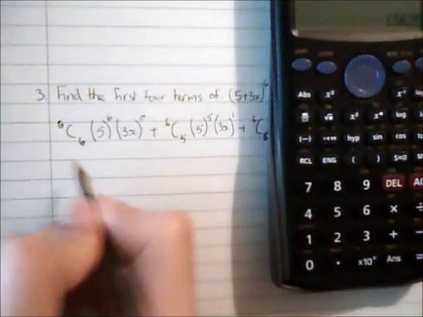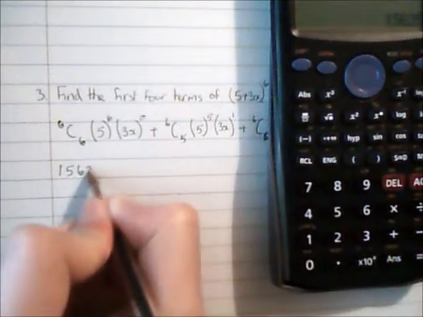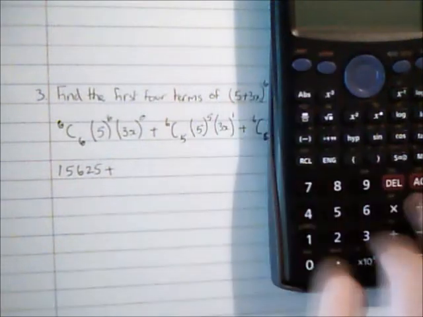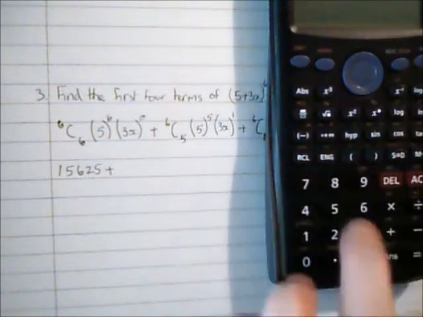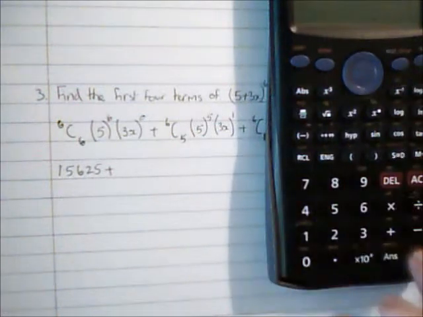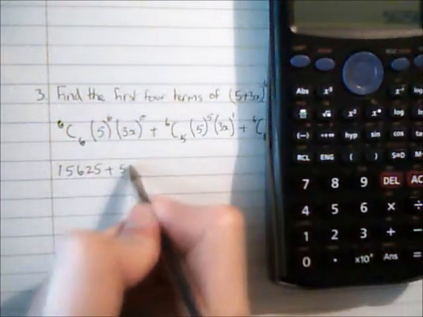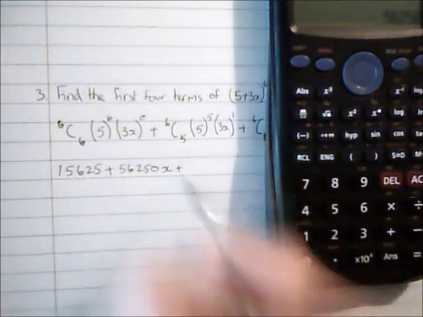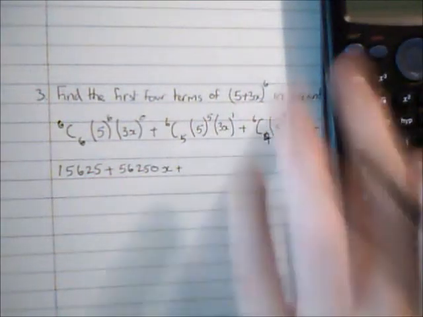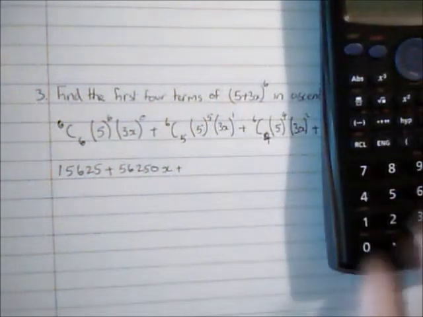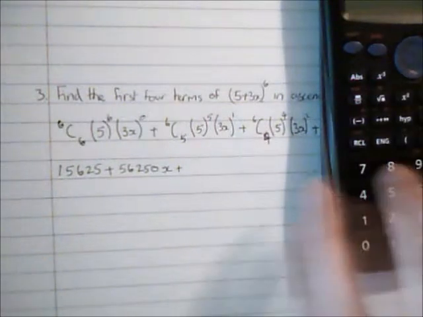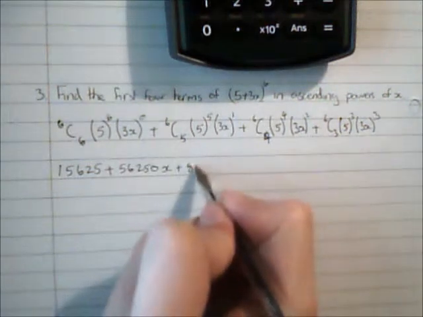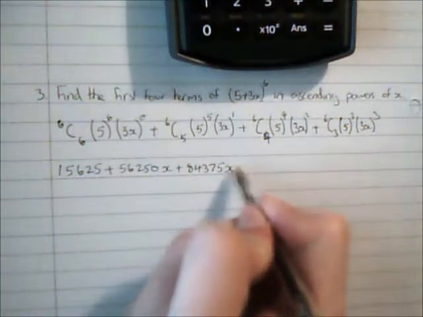So I get here 15,625 is the first term. And then 56,250x is the second term. And then I've got 84,375x squared.